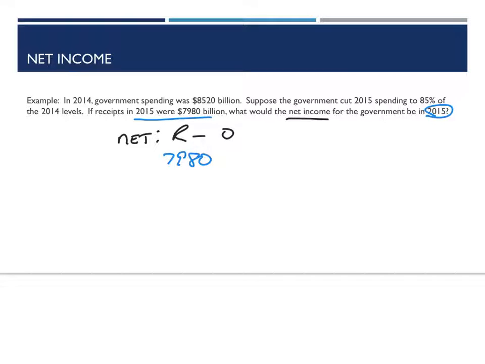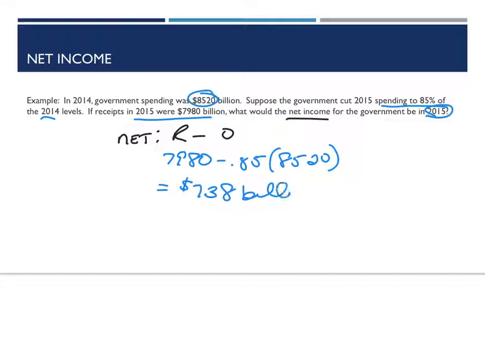I can just hold the billion in my head until the end. Minus the spending. I want spending to be 85% of 2014. Do the math. That turns out to be $738. Remember, that's not $738. That's $738 billion. And since it's positive, that's a surplus.